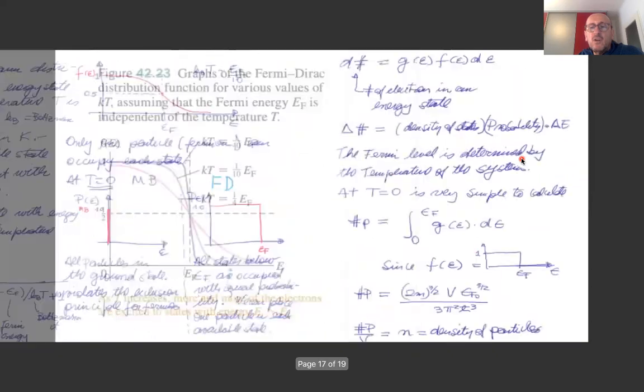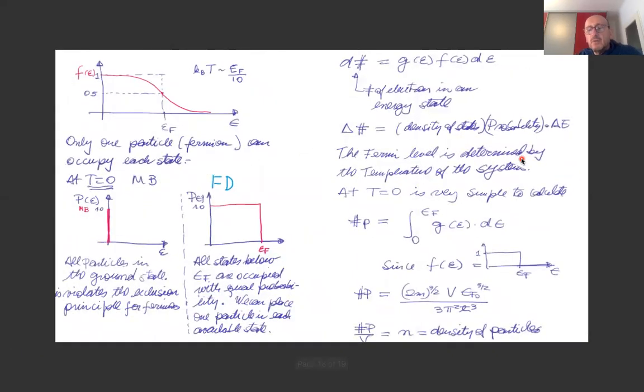So the volume is now a relatively important number. And look what I can do now. I can divide the total number of particles in the system by V. What do I have here? The number of electrons divided by the total volume is the density of electrons. And the density of electrons, as I told you before, is material dependent.